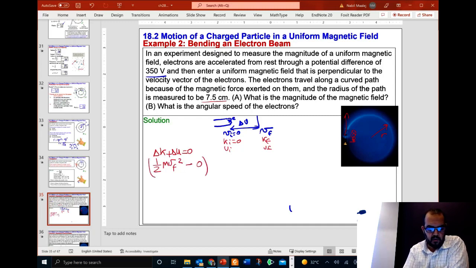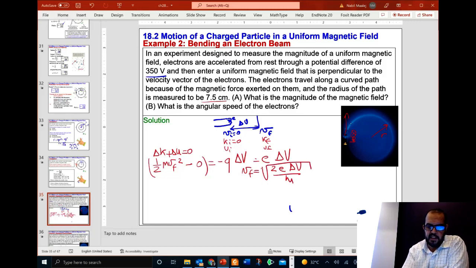Let's take delta U to the other side. It's minus delta U, which is minus q delta V. The charge is minus e, so this becomes e times delta V, and we can solve for the velocity: v final is the square root of 2 times the charge of the electron times delta V divided by m.